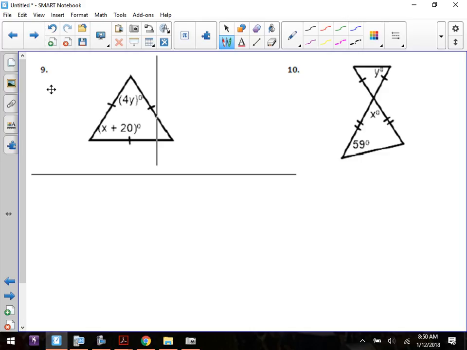That gives you what's called equiangular. All three angles are the same, and they all have to add up to 180. They're all 60. So algebraically, you have two problems: x plus 20 is 60, and 4y is 60.